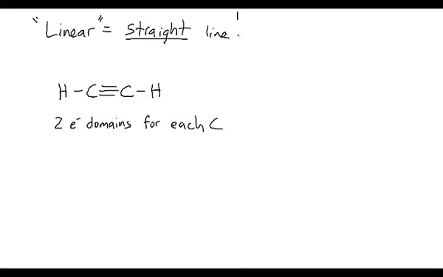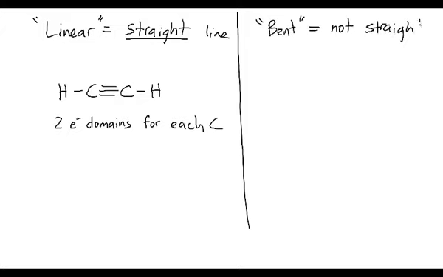For something to be bent, that essentially means not straight. So when you have, say, oxygen with 2 lone pairs in water, this has 4 domains.